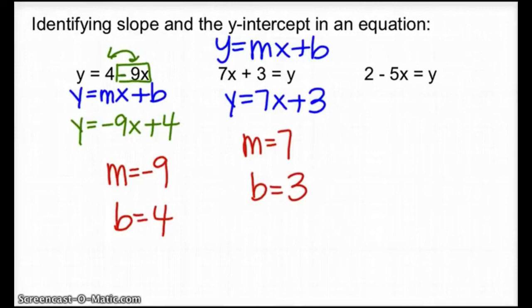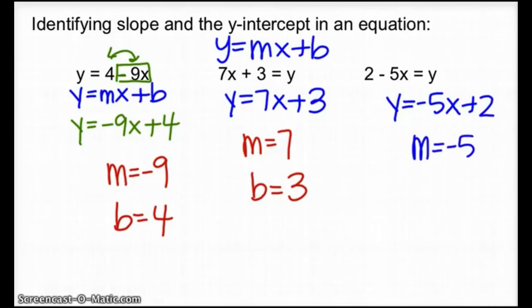I'm going to rewrite. So I have y equals -5x. Ooh, what do we notice about this one? I noticed in all the other ones that x and y were on opposite sides. Do you notice that on this one too? Yep. So I have y equals -5x plus 2. M is -5 and b is 2.